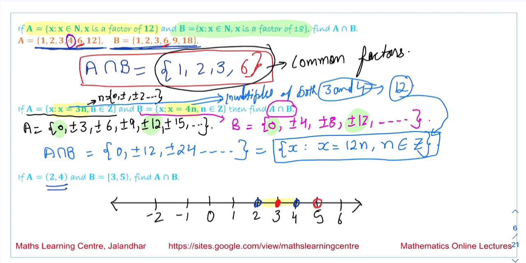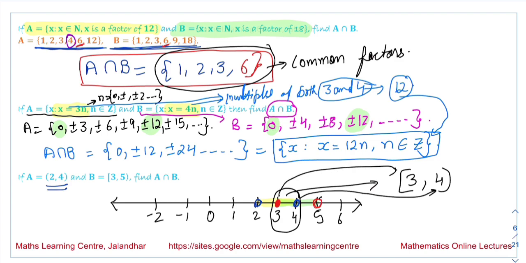So it means it contains the numbers from 3 to 5 where 3 is included and 5 is not included. So the intersection of these two intervals is this portion over here where 3 is included and 4 is not included.